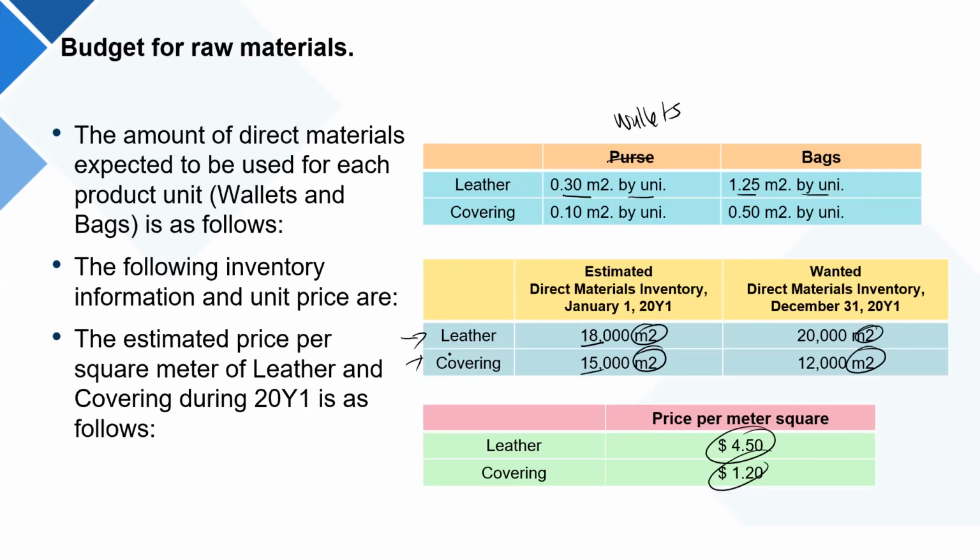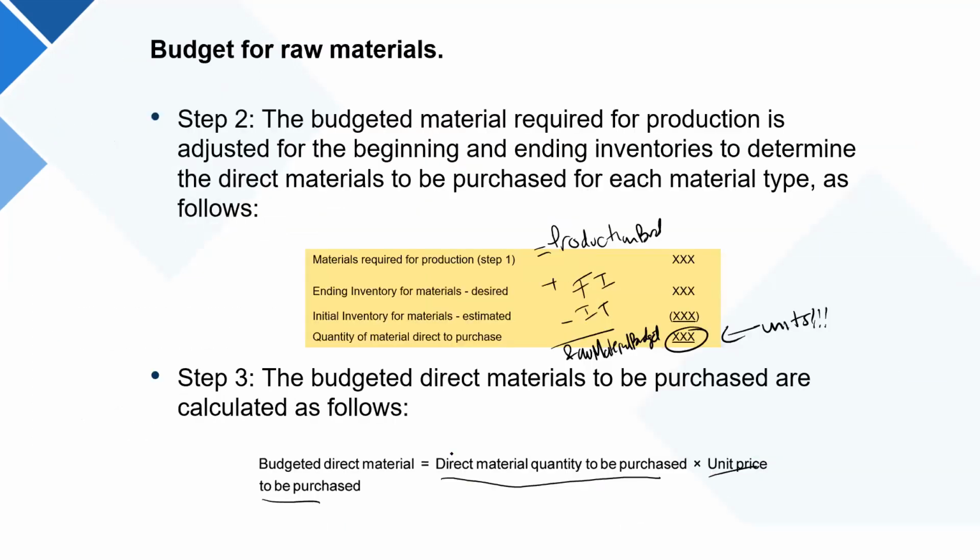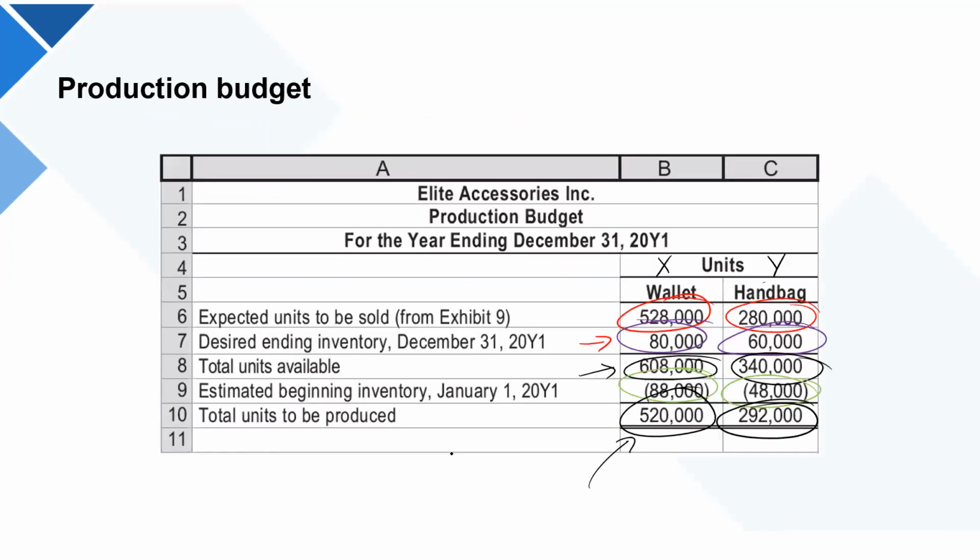So the first thing I need to do is start with the production budget of each of my products. So let's go to the production budget. I have it here.